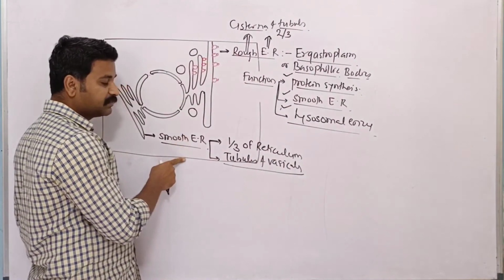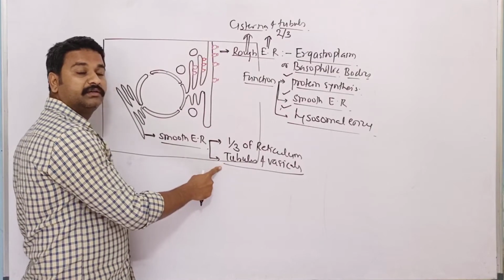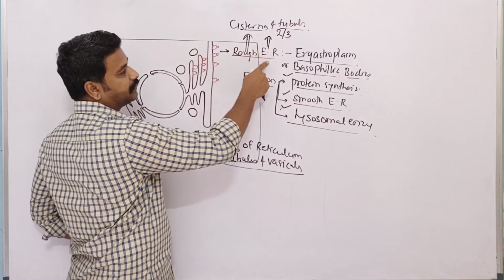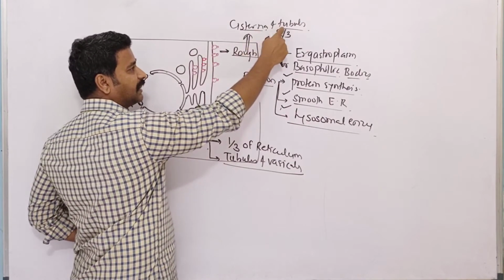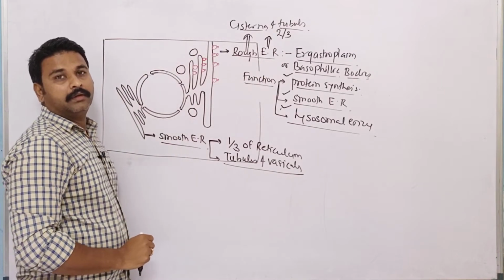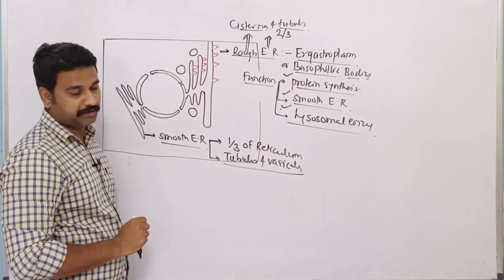Smooth consists of only 1/3 of the reticulum and only tubules and vesicles. But comparatively, rough constitutes 2/3 of the reticulum, and consists of cisterna and tubules. The vesicular portion of the reticulum is absent in rough endoplasmic reticulum.